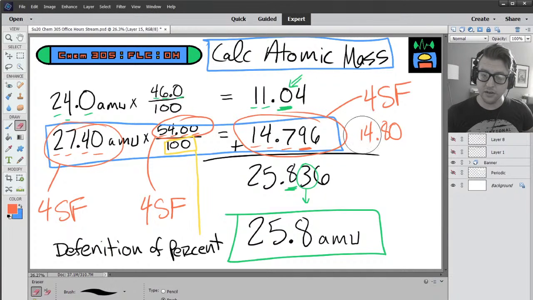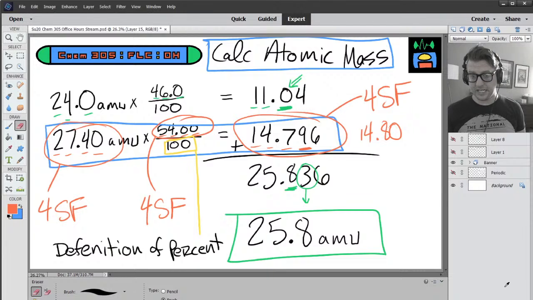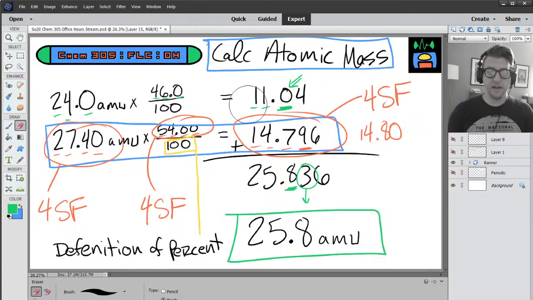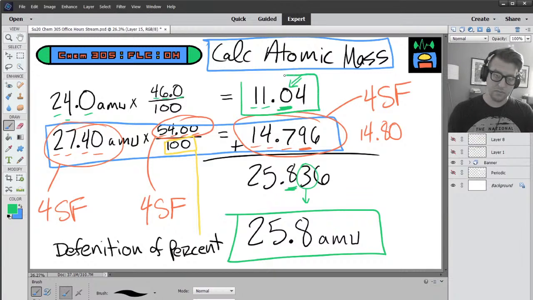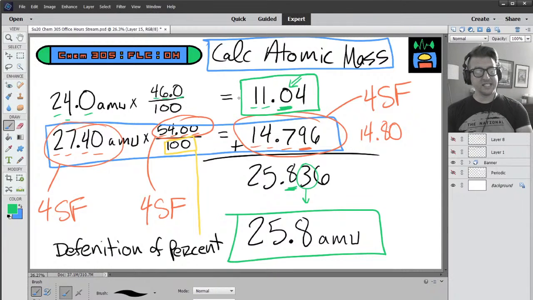Now, here's the deal. The reason why our answer has 3 sig figs is because of this number up here. When you add 14.796 to 11.04, 11.04, because it is less precise, determines the precision of our answer.